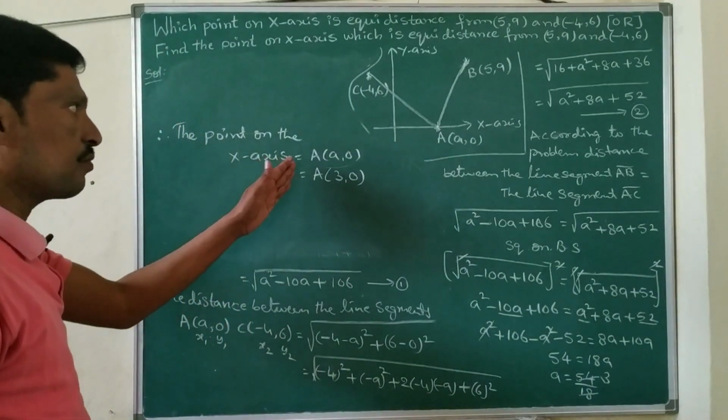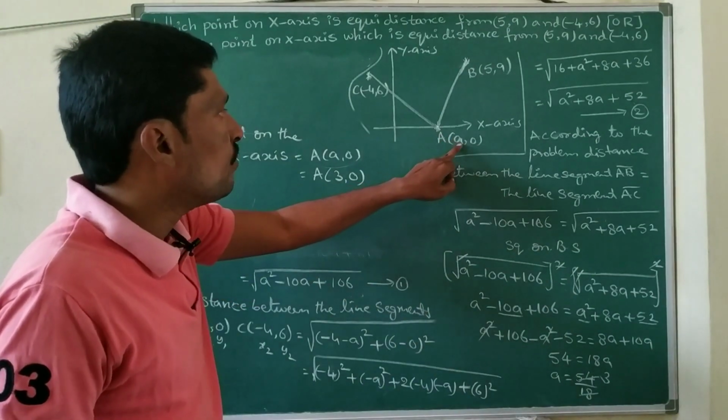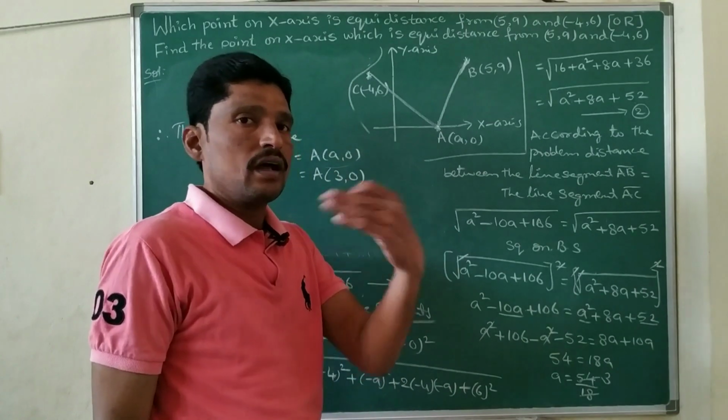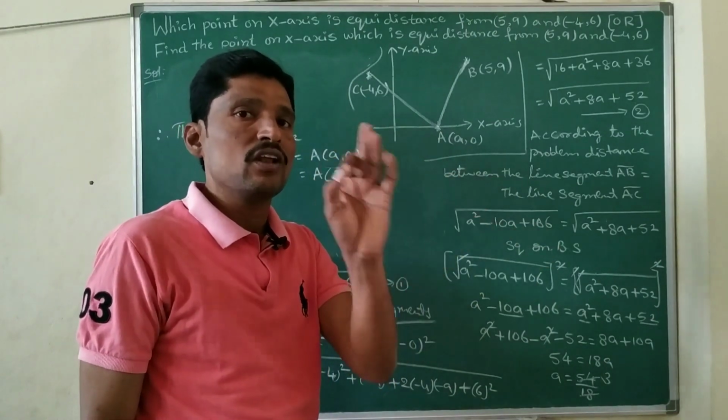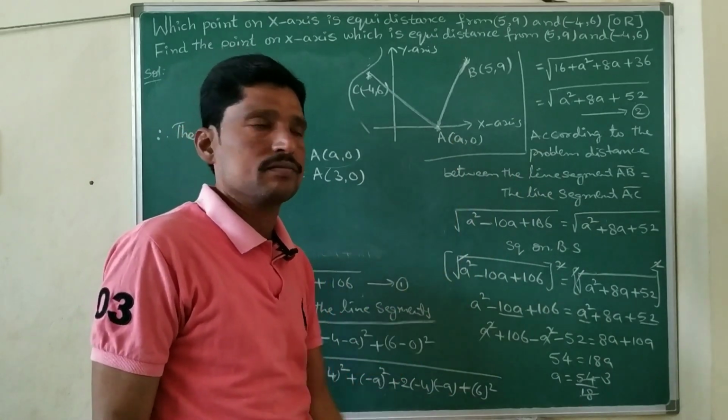On the x-axis the point will be 3 and 0 only. The y value is 0 and the x value is some constant we are getting.